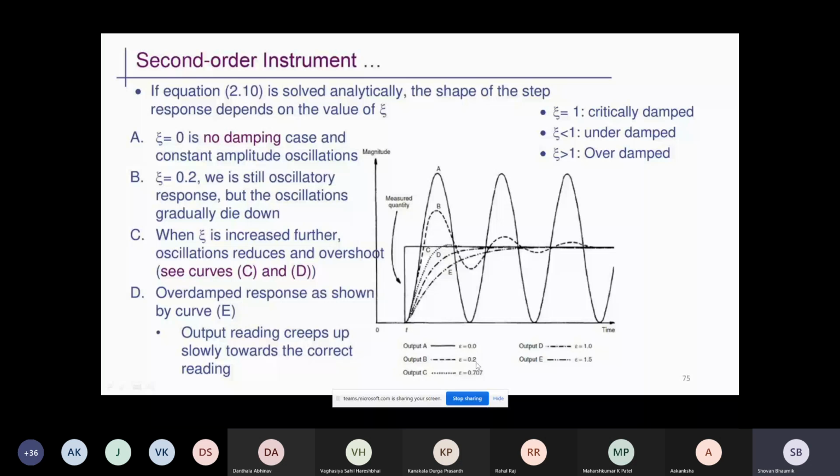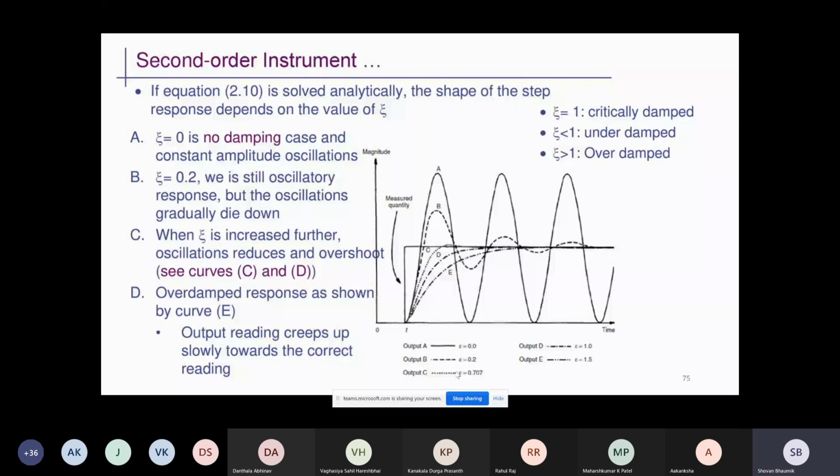If zeta is more, the overshoot will be less, and if zeta is less, the overshoot will be high. Whenever zeta is less than 1, it is called an underdamped system, and you will see an oscillatory output, but the oscillation will die down and gradually reach steady state.